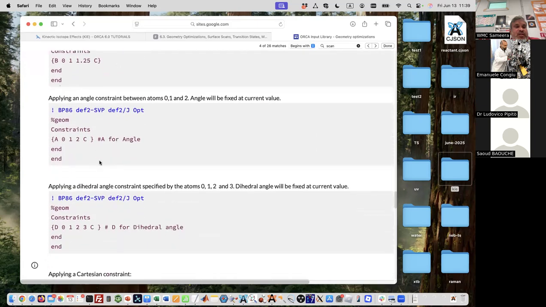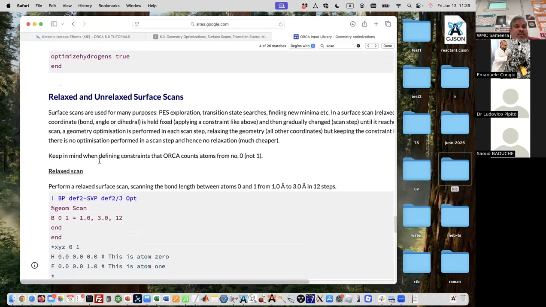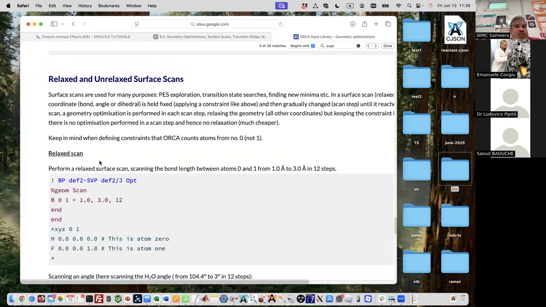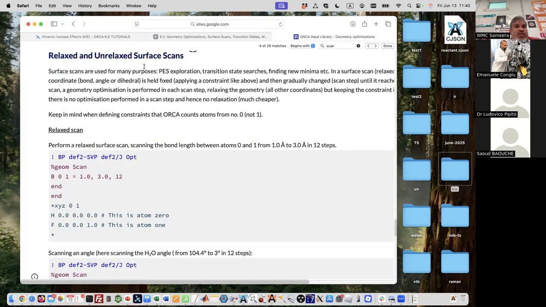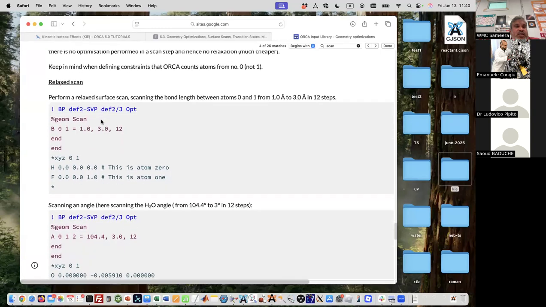You can freeze angles and dihedral angles, and you can also study some simple potential energy surface through scans. Here it changes the atom 0 and 1 distance.